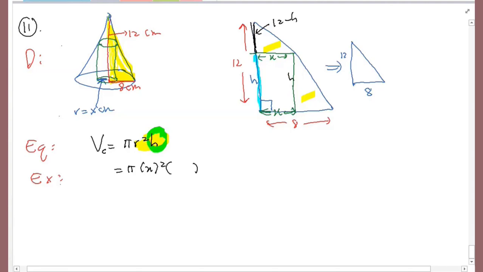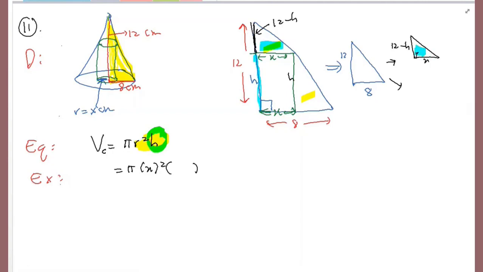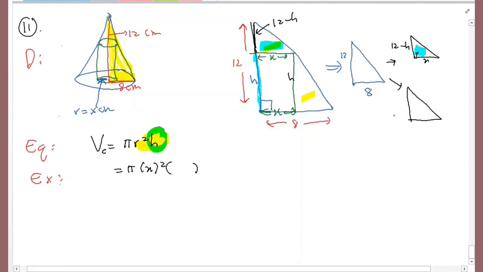And this is x. Up to you, look at the ratio between 12 minus h and x, choosing this triangle. Or take the other triangle, the second one. This part is 8 minus x. Okay, this is the second triangle. Up to you. So we need to find the ratio.